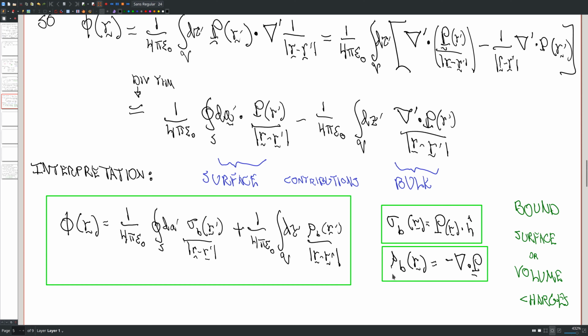So the bound charge density at a certain point in space is the divergence of the polarization at that point. Outside the volume that you had, this polarization is just zero because there's no density of dipoles. Then the bound charge density is only non-zero in the volume that you originally considered.